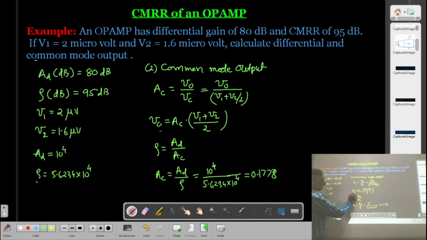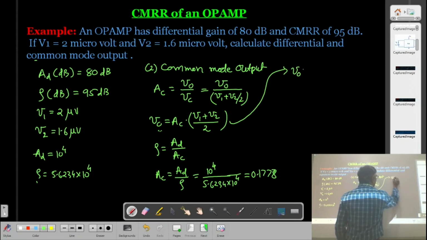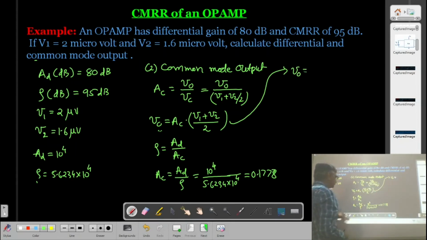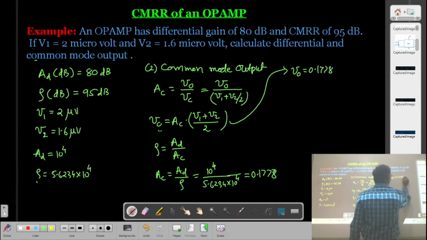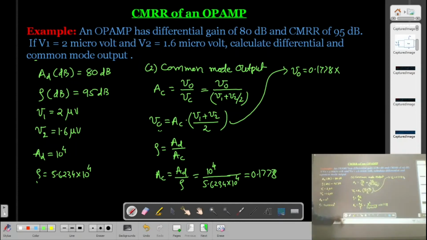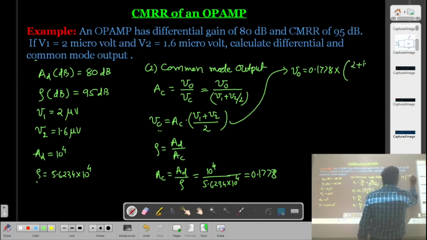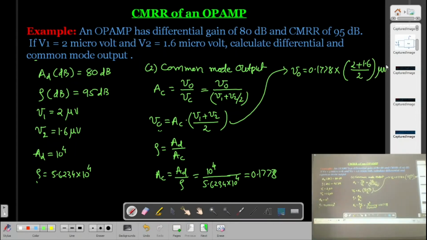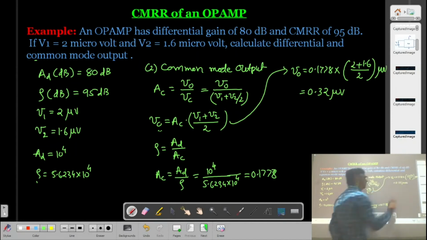So here we insert this value. From this we can write the output voltage is equal to 0.1778 into V1 plus V2 divided by 2. So that is 2 plus 1.6 divided by 2 into a microvolt, and if we calculate this, it will come out to be 0.32 microvolt.